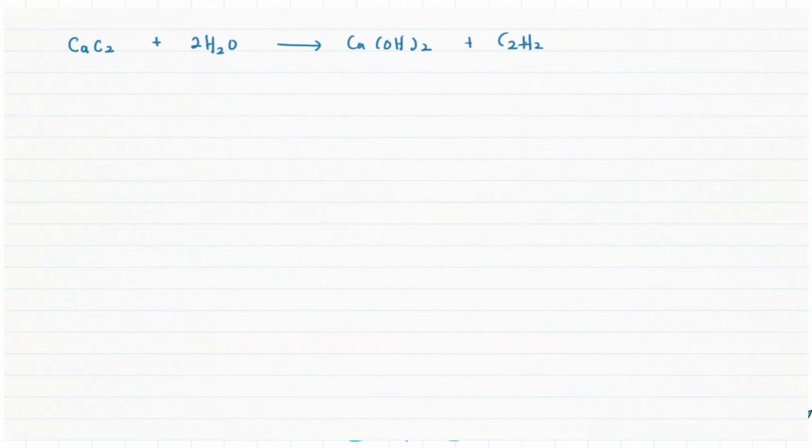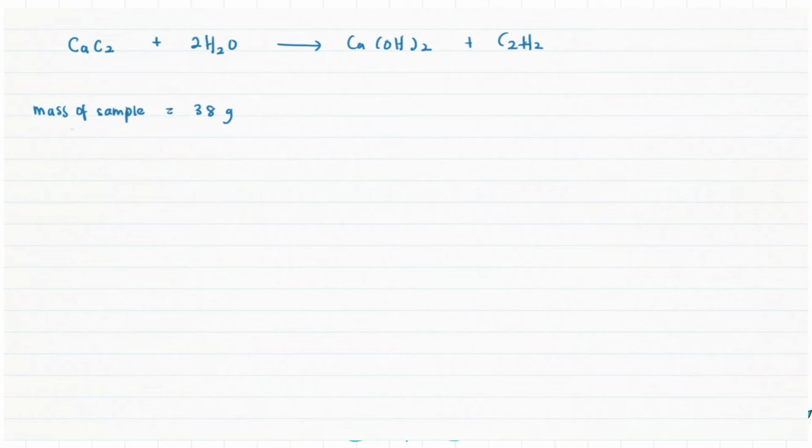Okay, given in the question is 38 gram of sample. Determine the percentage of impurity present in CaC2 if 38 gram sample. Okay, given the mass of sample is 38 gram.